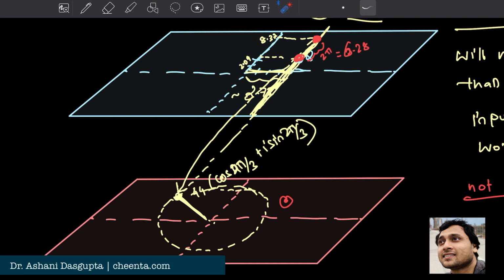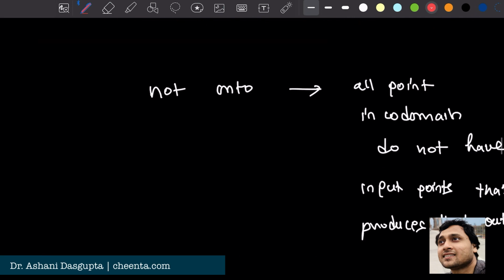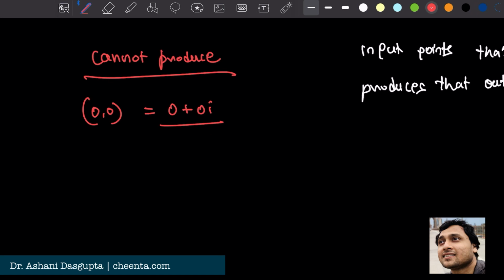So what point is that? What point cannot be produced in this fashion? Well, that is the point at the origin, 0, 0. You cannot produce 0 plus 0i as the output using this function.